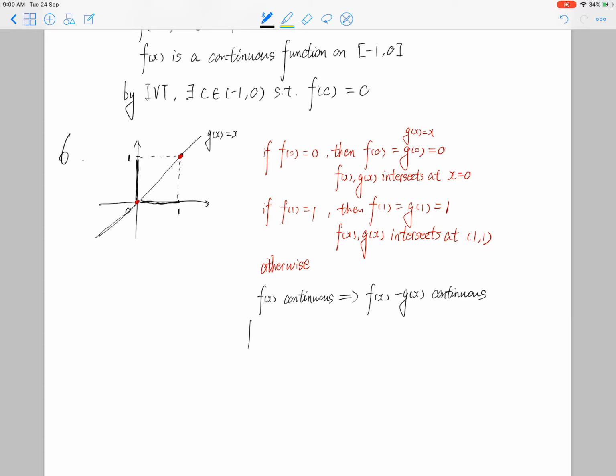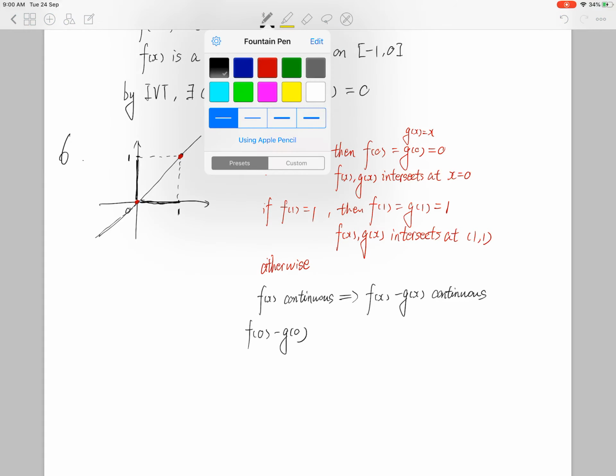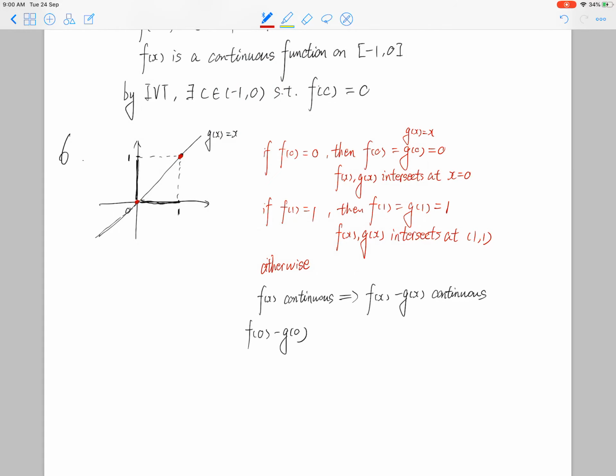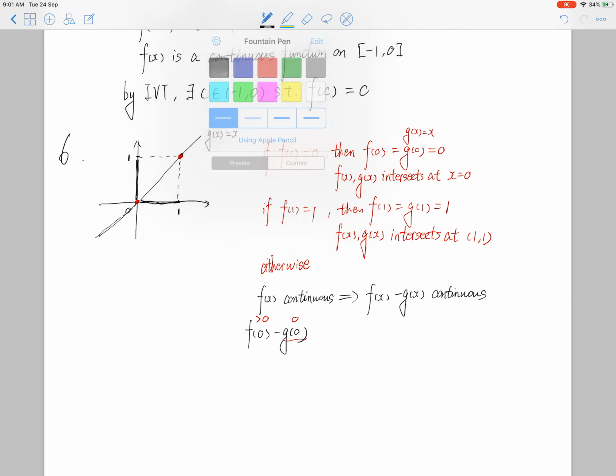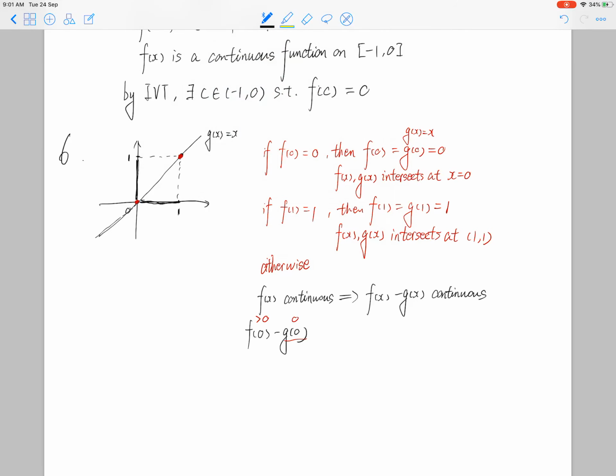Then what is f(x) minus g(x)? What is f(0) minus g(0)? Because g(0) is 0, and now f(0) is strictly greater than 0, this part is greater than 0.